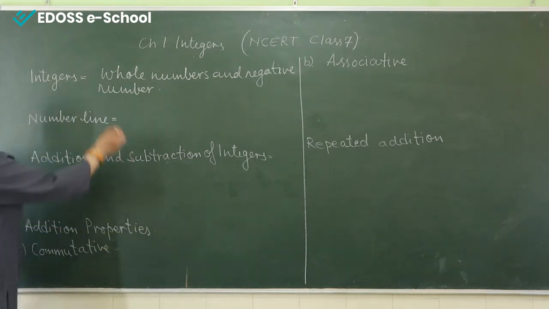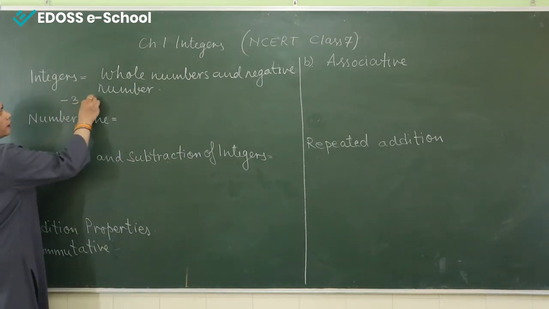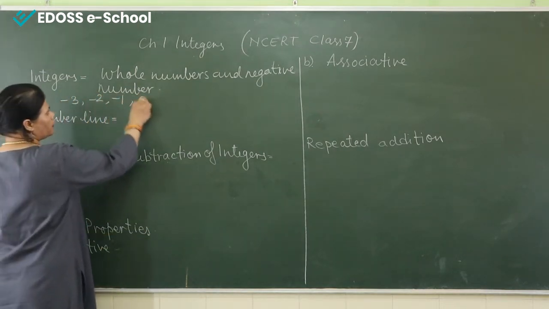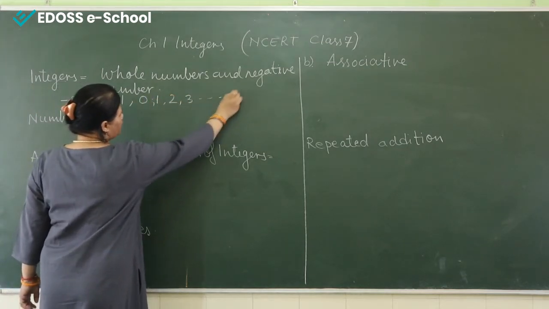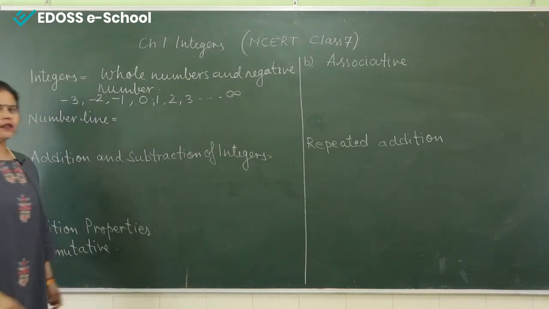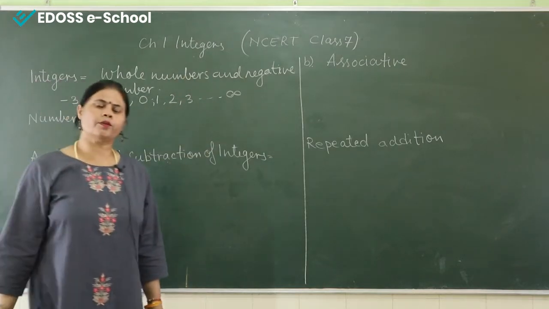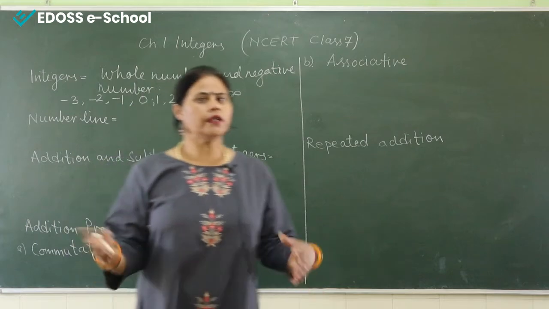So here it is: -3, -2, -1, 0, 1, 2, 3 and so on. These are the integers, positive numbers, negative numbers with the 0.